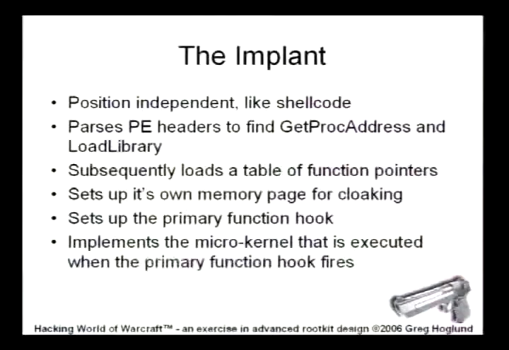It subsequently loads this table of function pointers up and puts it into its own memory space. It then sets up its own memory page to be cloaked using one of our quote-unquote secret messages. And then it sets up the detour hook on the render world call. And then finally, it's the code that actually executes the little microkernel for the messages.